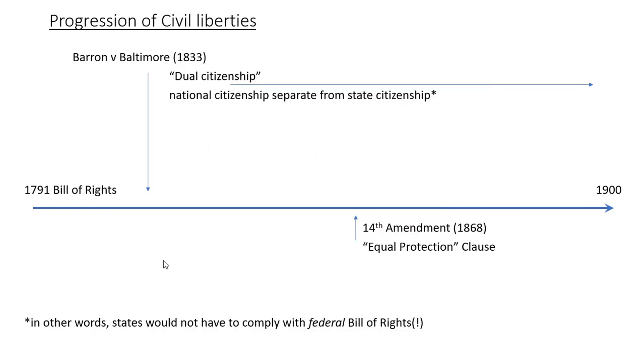And we'll come back to the 14th Amendment here in a little while, because as we'll see, as we get into the 20th century, the process of dismantling dual citizenship consistently comes back to this Equal Protection Clause. Now, another interesting twist happened not long after the Civil War, and this has to do with the issue of Reconstruction.